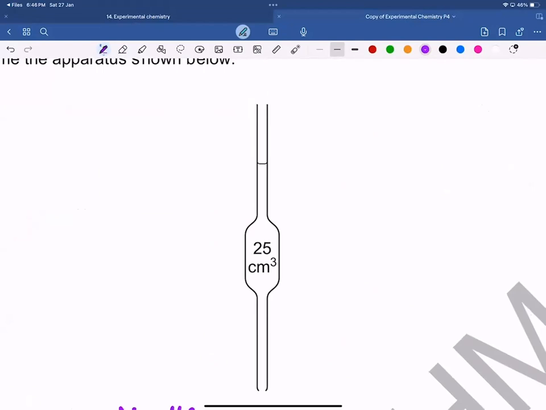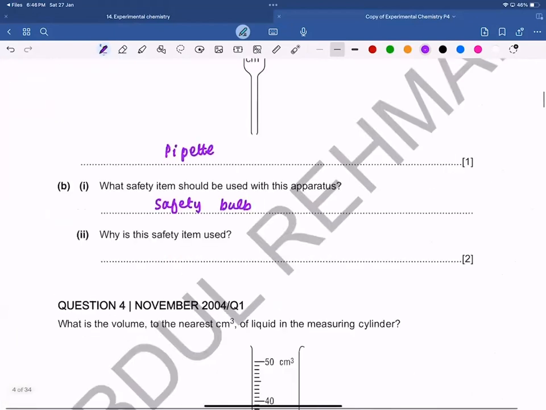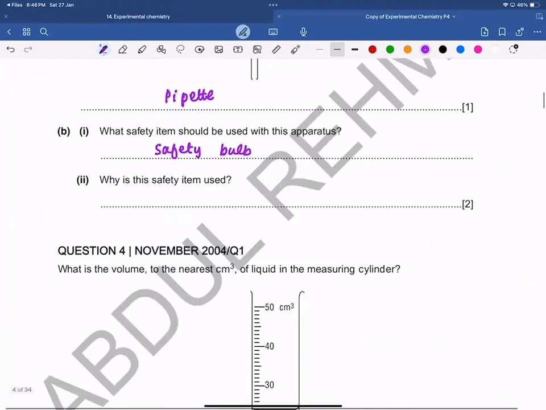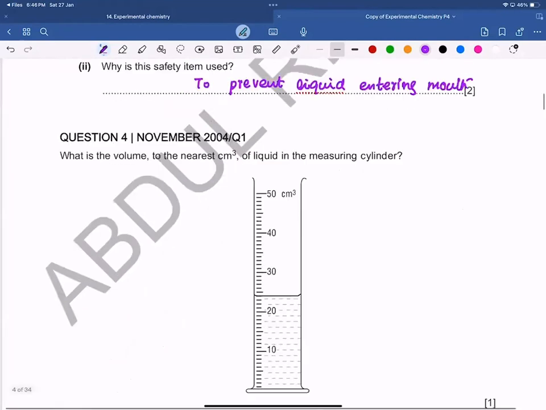So we use a safety bulb to fill it, to prevent liquid entering the mouth, that's why we use it. Otherwise, you have to fill it using your mouth.